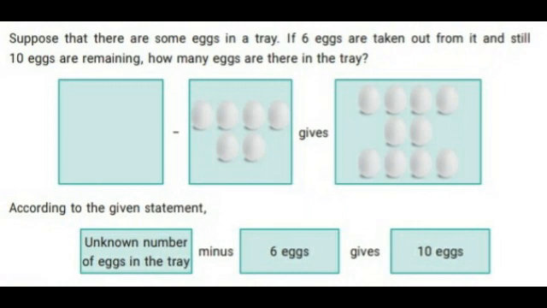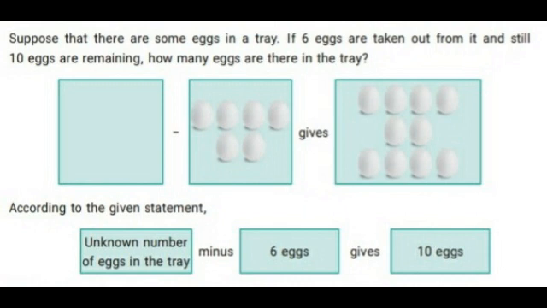Suppose there are some eggs in a tray. We don't know how many eggs there are. If 6 eggs are taken out from it, 10 eggs still remain. See my dear students, in a tray we have some eggs. We didn't count them. And I am going to take out 6 eggs.